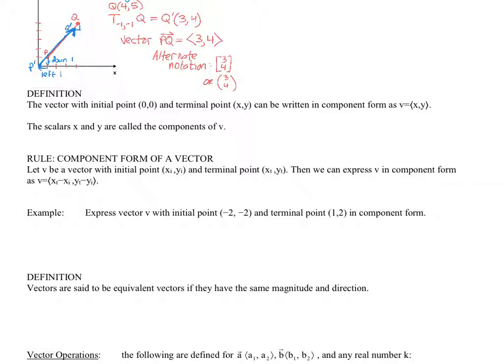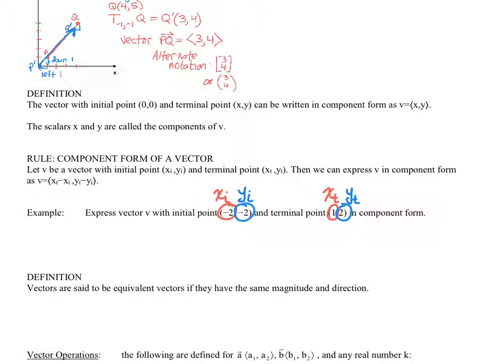express vector v with initial point, this would be x sub I and y sub I. And this would be the terminal point x sub t and y sub t.